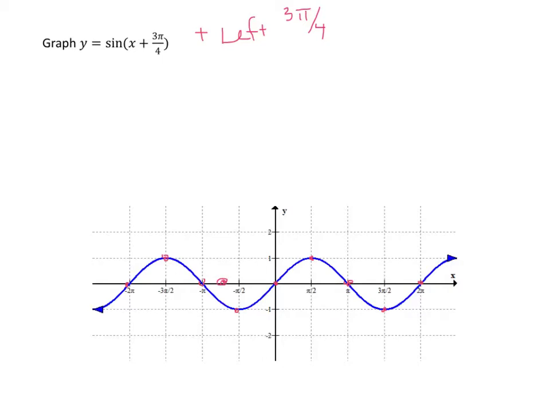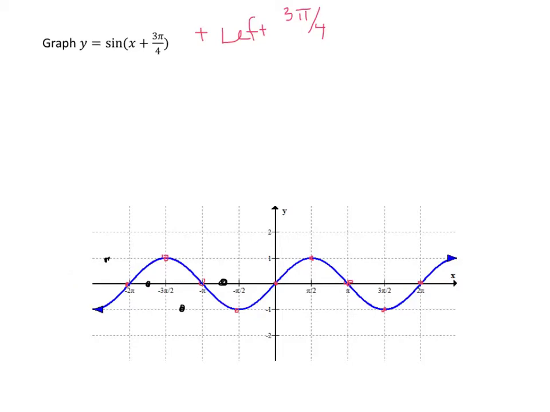And actually, you know what? I will do that in a different color. I'll then move this one to the left. 3/4 of pi will be over here. And I'm going to proceed with each one of these and move it to the left 3/4 of pi. So the last one that I'm shifting is this one because here I don't have enough space.